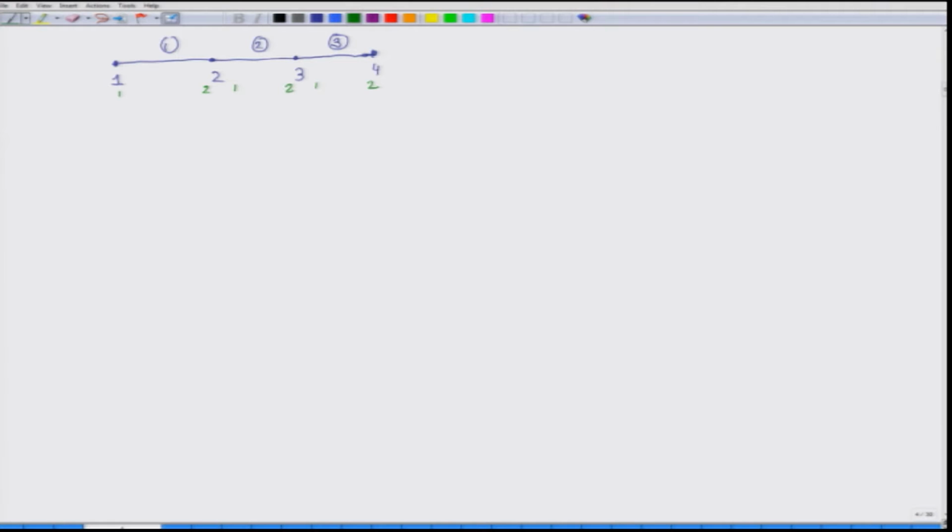Okay. Now, at this stage, what I will do is we will first write down the element level equations. So, for the first element, it is k 1 1, k 1 2, k 2 1, k 2 2, and we realize that these k matrices are symmetric, at least in context of our problem.